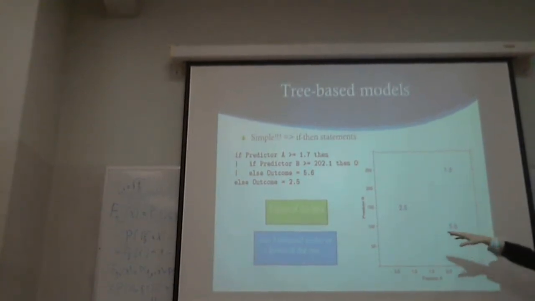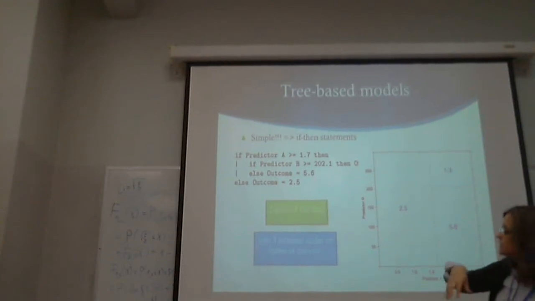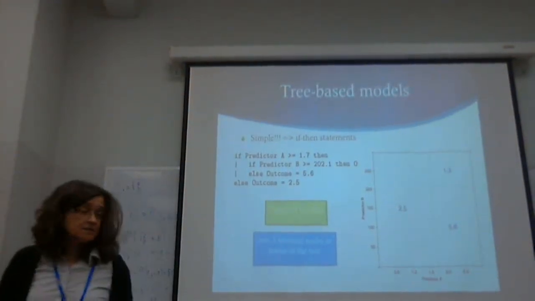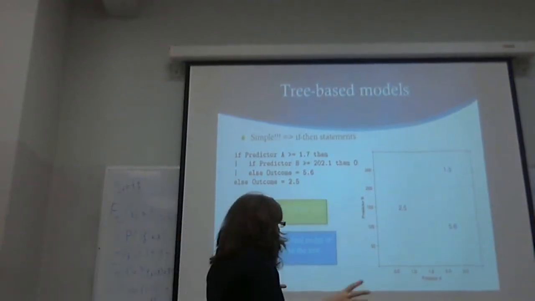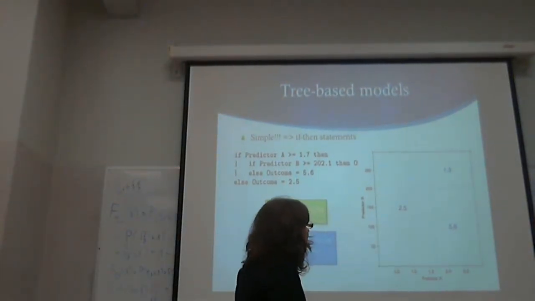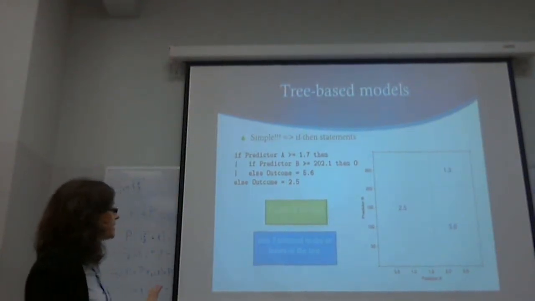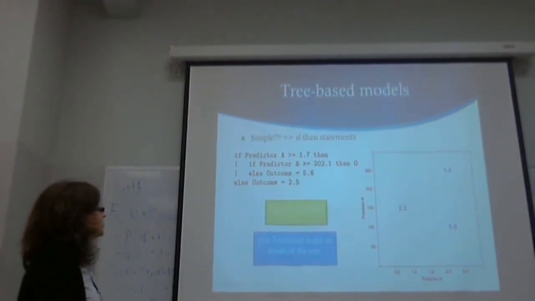Now we take into account predictor B, if-then, and this singular if-then statement, which is extremely easy to understand, can be represented graphically as your predictor space divided into areas.